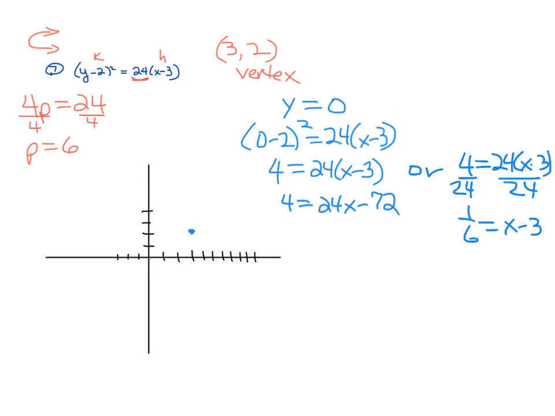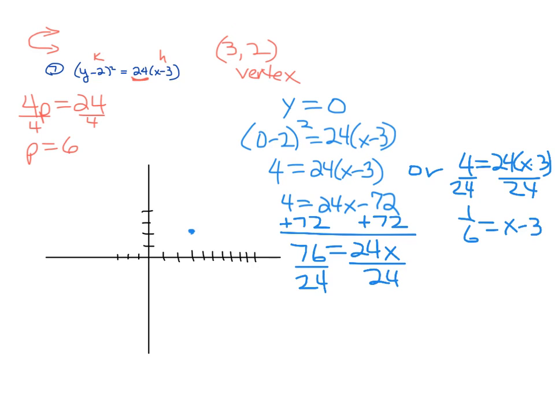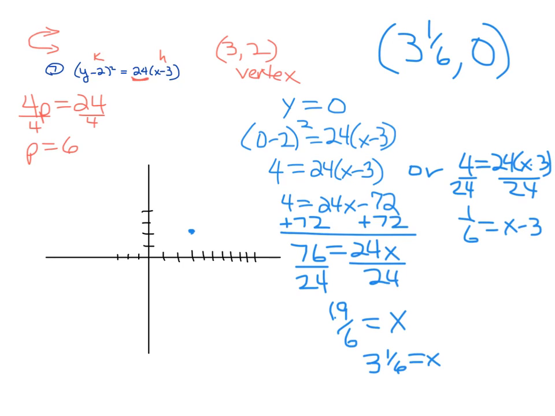Or do it this way: add the 72, 76 equals 24x, divide by 24. This doesn't go in evenly, but I can reduce it, and it becomes 19/6, or 3 1/6. So my x-intercept is the ordered pair 3 1/6, 0.